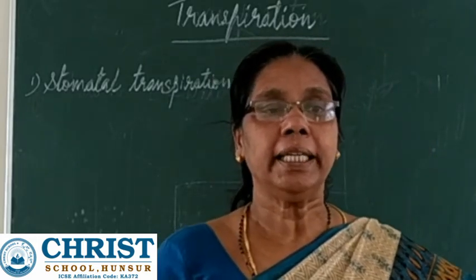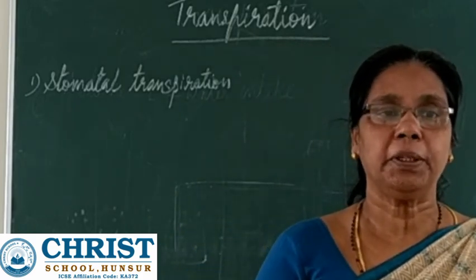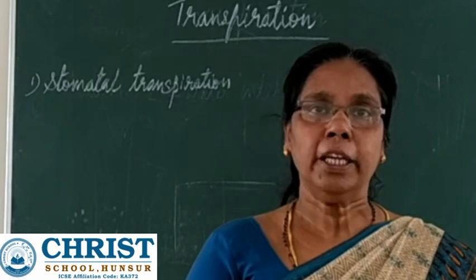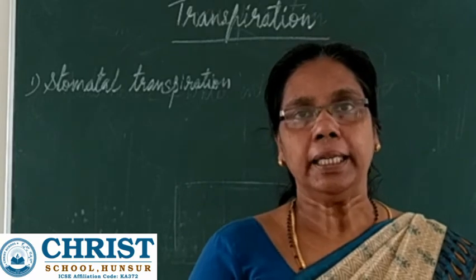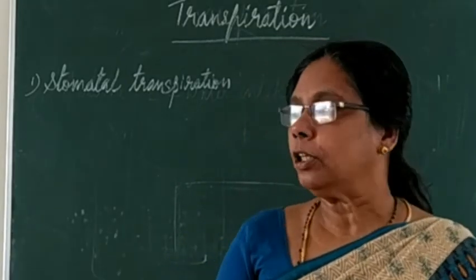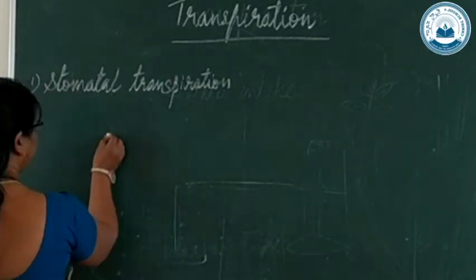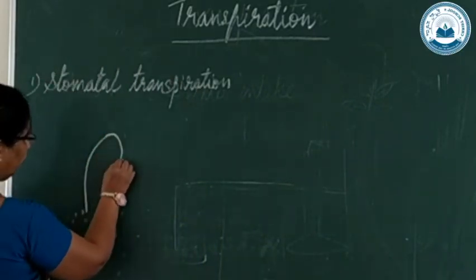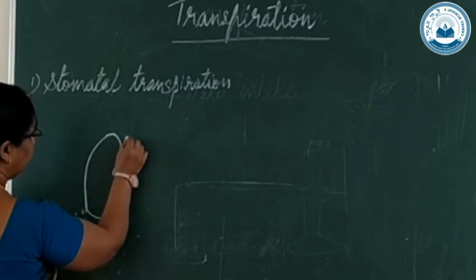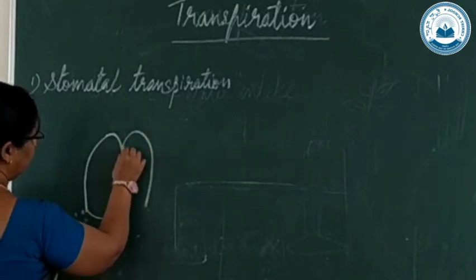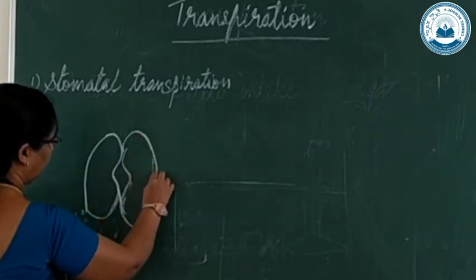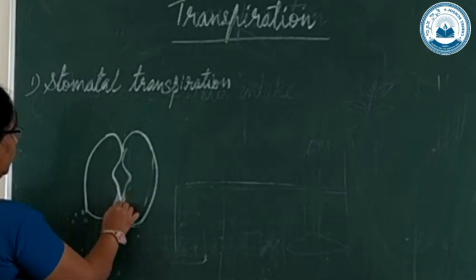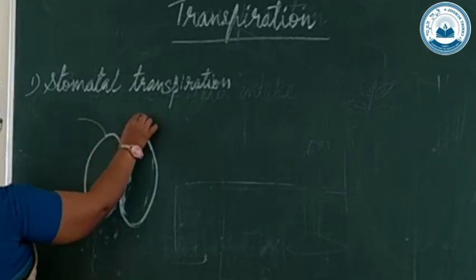Okay, now we can study in detail about stomatal transpiration, the mechanism involved in it. Tell me, what is the shape of the stomata? Yes, it is bean shaped. So these are the two guard cells, and here you can see the adjoining epidermal cells.